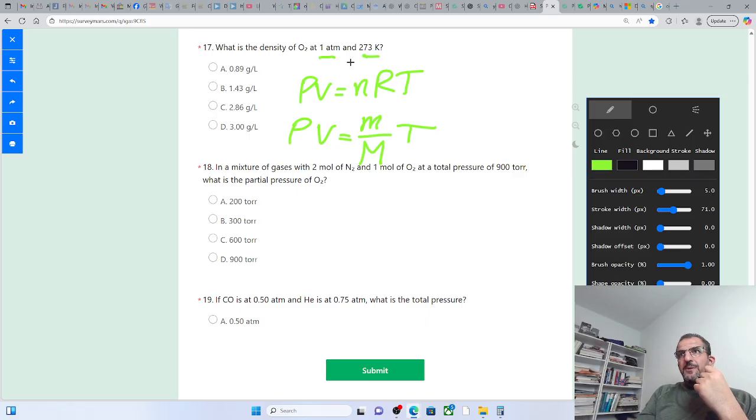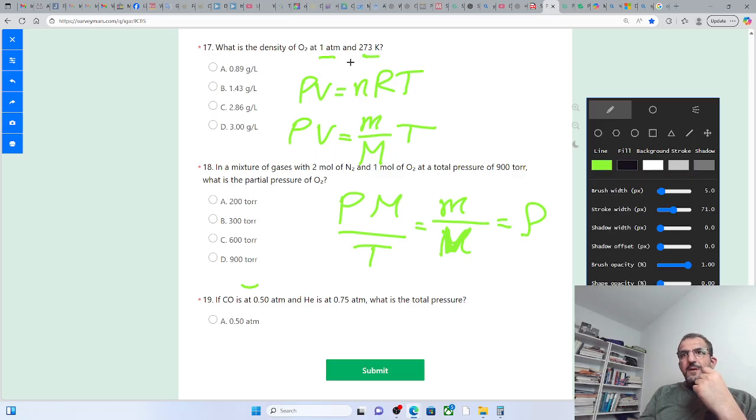Now I'm going to do pressure times the molecular weight of the material divided by temperature. That's equal to the mass of the material divided by the volume. So that's going to give me the density.